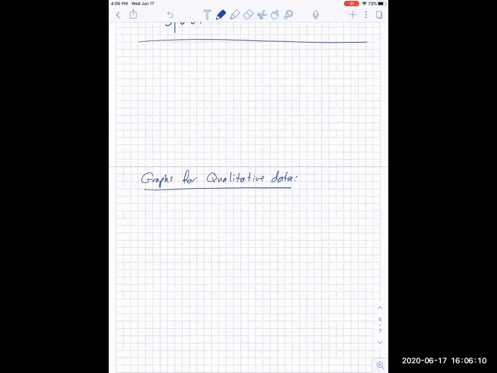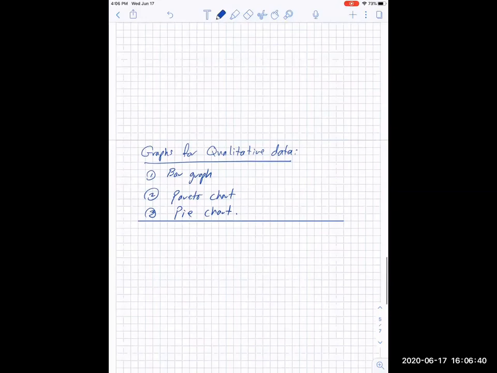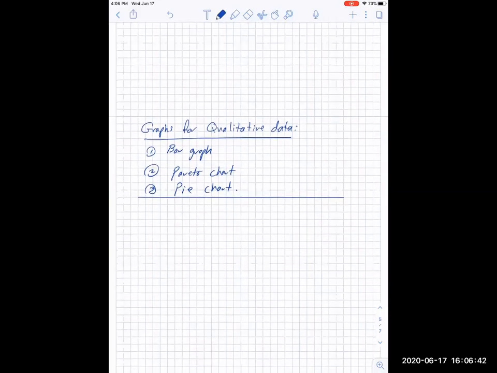We have the bar graph, the Pareto chart, and the pie graph or the pie chart. These three statistical plots are used specifically for qualitative data. Let me explain with this example.